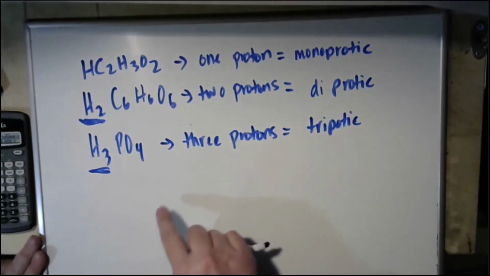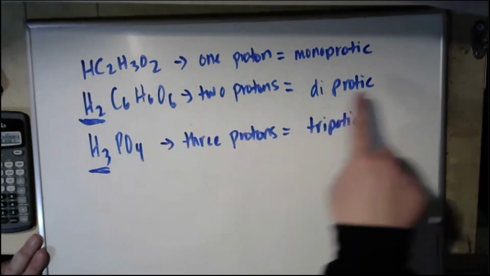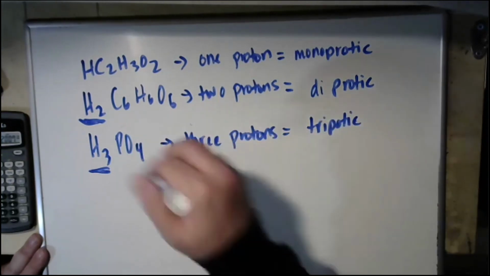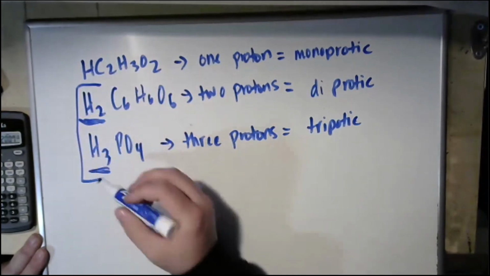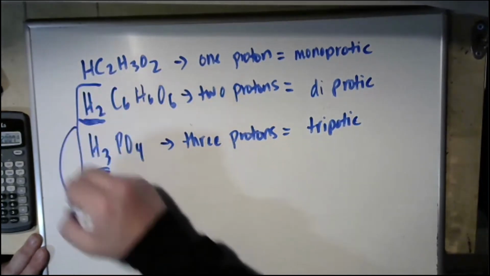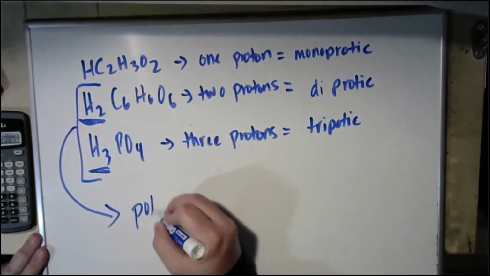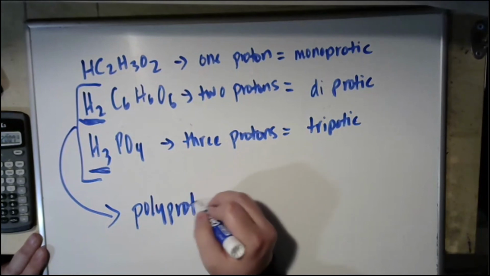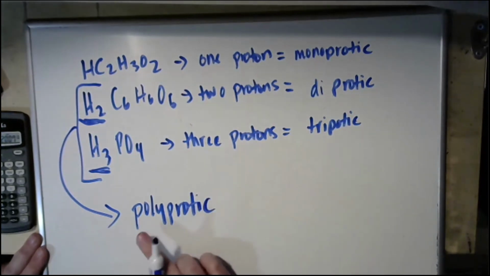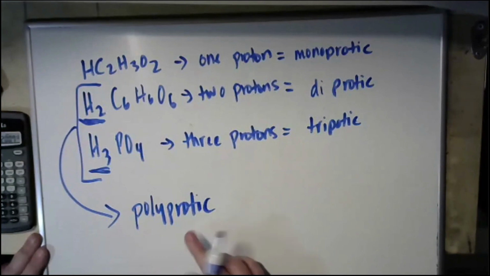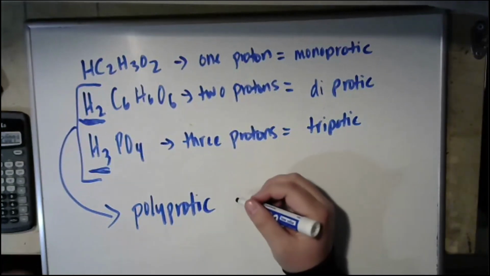Now, any acid that has more than 1 hydrogen out front, and this includes our diprotic and triprotic acids, is called a polyprotic acid, because they have many protons.